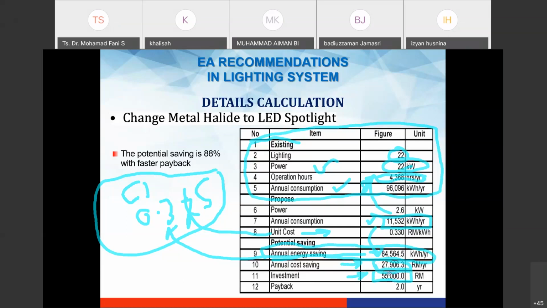So the investment over annual cost saving, you can get 2 years payback. So simple payback is investment over annual saving, approximately 2 years.